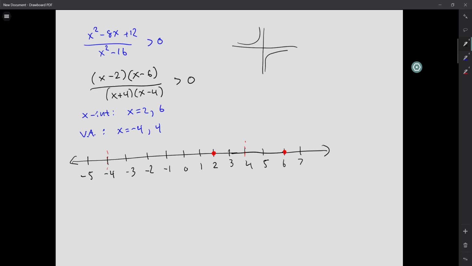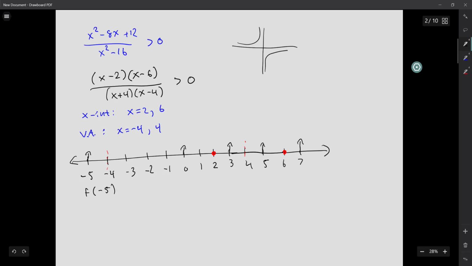So let's see what points I'm testing. I will try -5. 0 is always easy. And then I need another one for 3 here. I'll do 5 and 7. I have 4 points of interest, so I should have 5 test points. Now let's see what we get as a result.